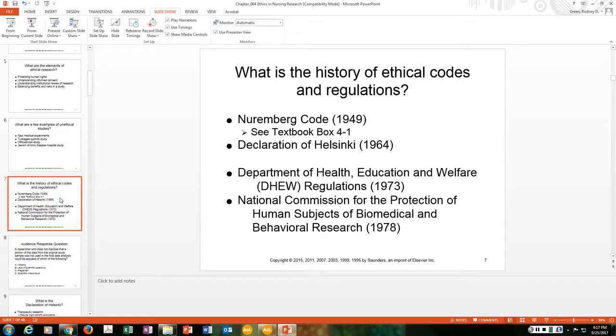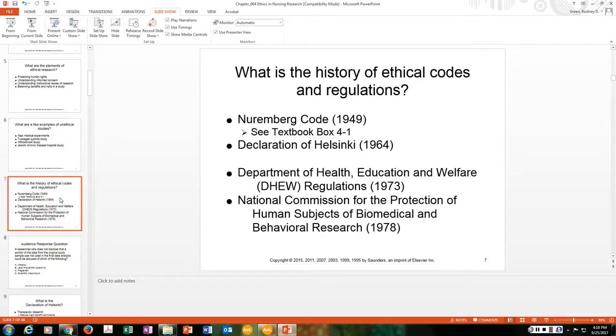So the first one, the Nuremberg Code, 1949, the code was developed when during the Nuremberg tribunals, they became aware of the unethical research, and there was international attention given. The guidelines in box 4-1 talk about how voluntary consent of the human subject is absolutely essential.